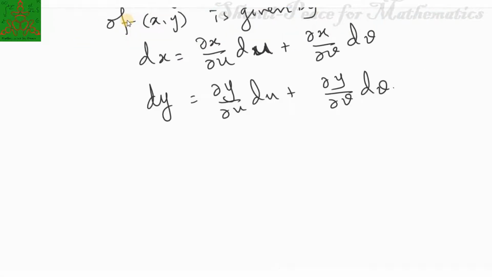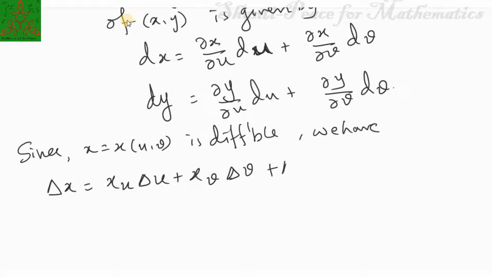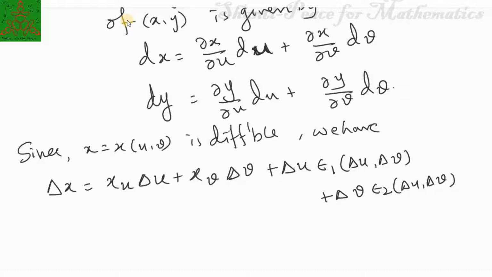Now it is given that x equals x of u, v is differentiable. So by the definition of differentiability, delta x is x_u delta u plus x_v delta v plus epsilon 1 delta u plus epsilon 2 delta v, where epsilon 1 and epsilon 2 tend to 0 as delta u, delta v tend to 0.